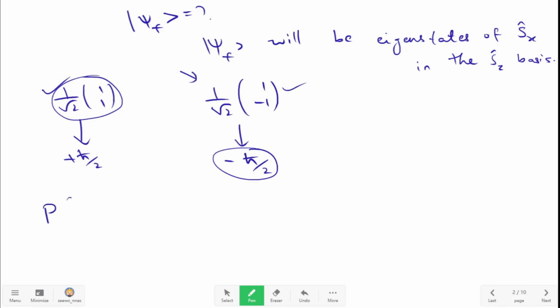Therefore the probability of getting the output h cut by 2 is equal to modulus of <psi f | psi i> squared.